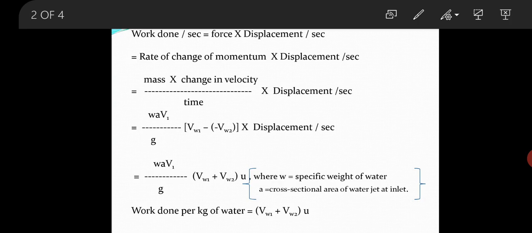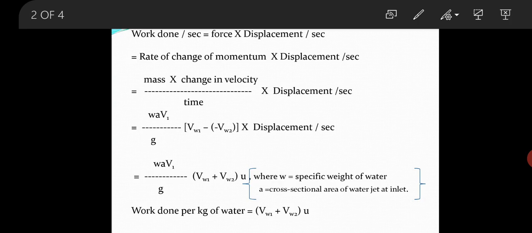So now, what is force? Force is the rate of change of momentum. So what is momentum? Momentum is equal to mass into velocity. So now we have to calculate the force and the displacement along that direction.